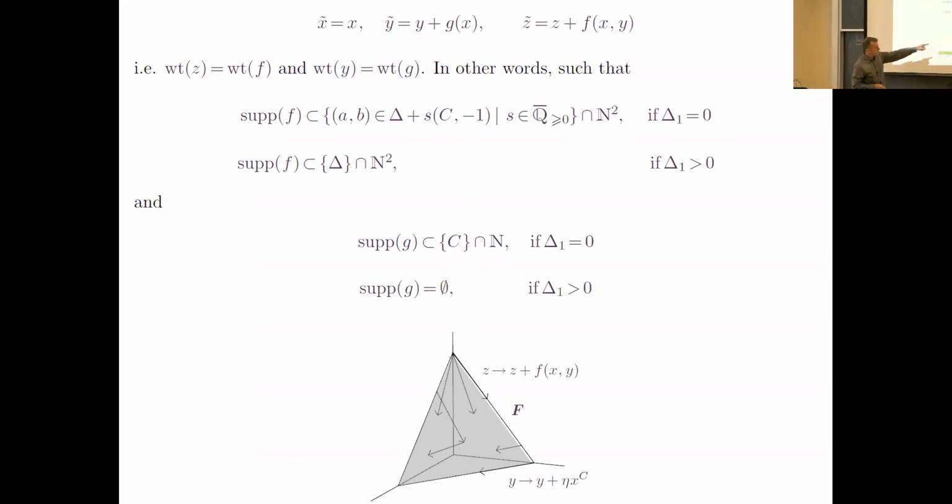Okay, so these arrows that I show here show the way that the monomials which are supported on the face slide by this change of coordinates, right?